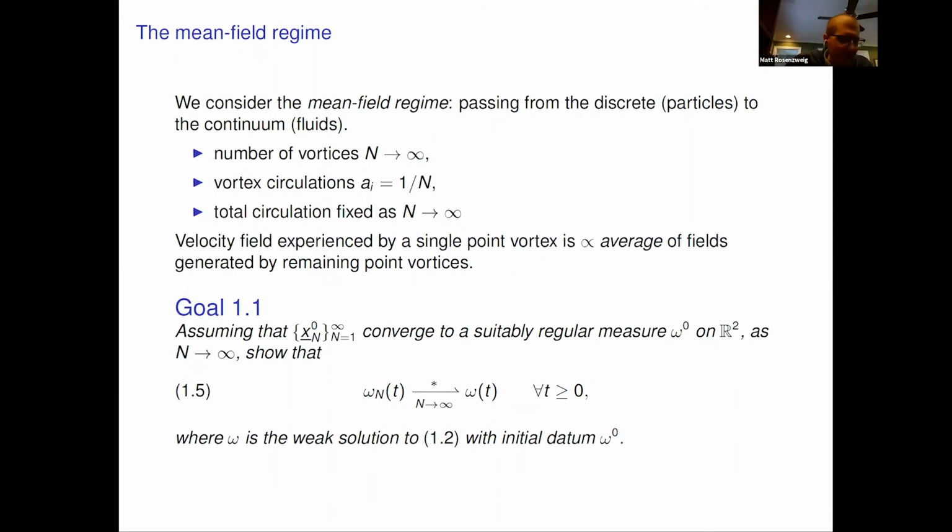So that's a good question. The dynamics are non-trivially different if you have different choices of signs in these circulations. For instance, if all the circulations are identically signed, then the point vortex system is well posed in the sense that the vortices can never merge together. And this follows from conservation of energy and moment of inertia.